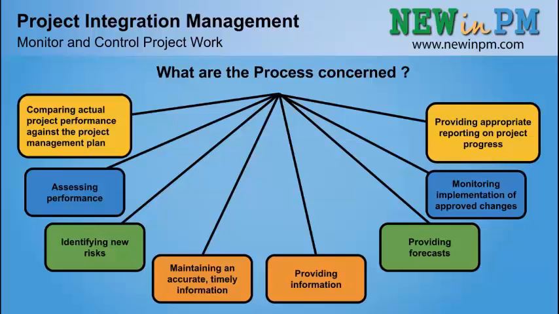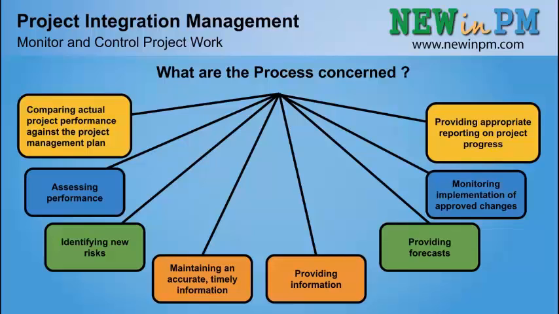What are the processes concerned? The processes concerned with monitoring and controlling project work are comparing actual project performance against the project management plan, done in order to ensure that the variance is managed properly.